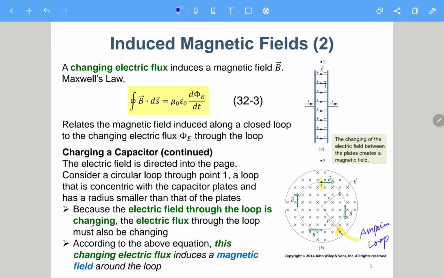Because the E field through the loop is changing, the electric flux through the loop must also be changing. According to the above equation, this changing electric flux induces a magnetic field around the loop.